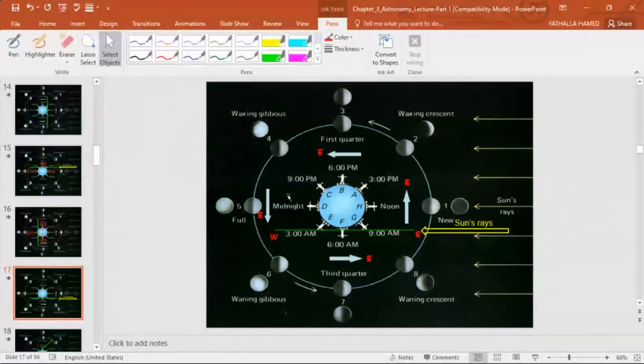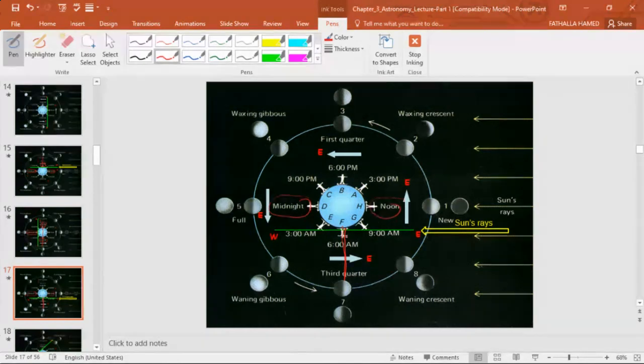And if we continue with this argument here, we can look at the third quarter. For the third quarter, again, you draw a line perpendicular to the person facing the third quarter, and you look at the times that are parallel to this. You will find it is midnight and noon time.